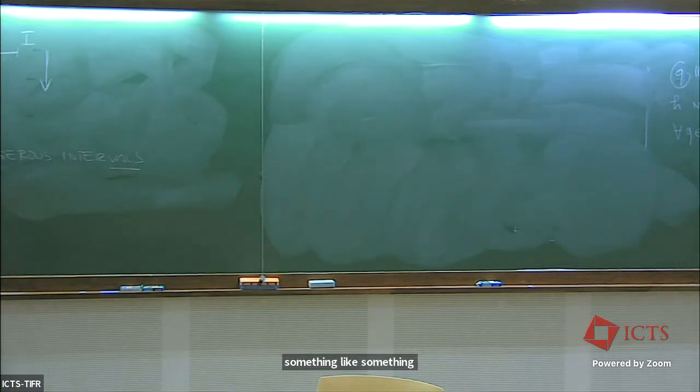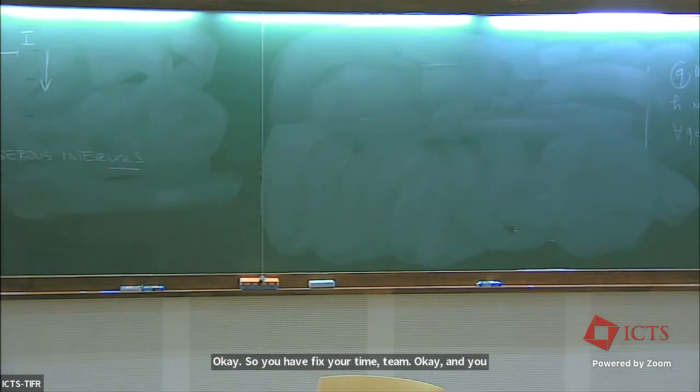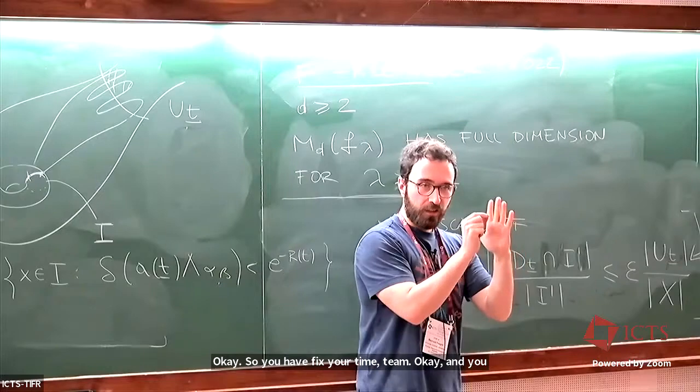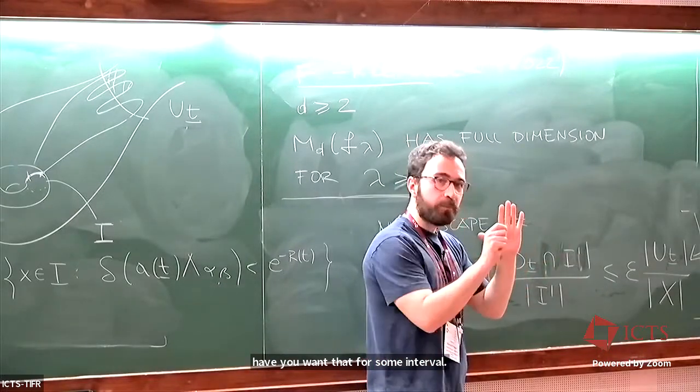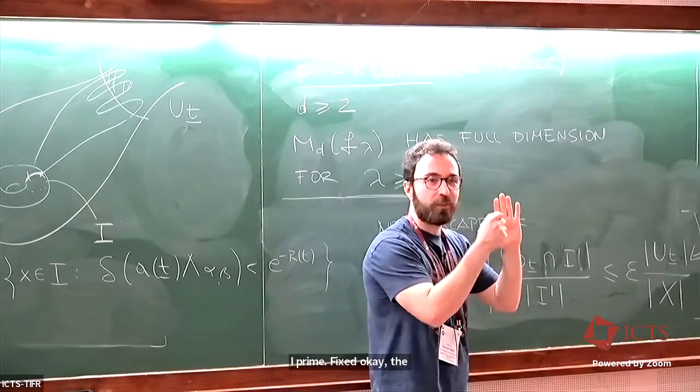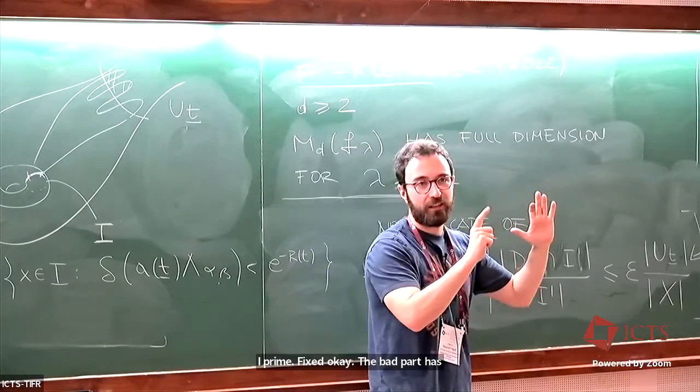Fix your time t, and you want that for some fixed interval I prime, the bad part occupies a certain proportion of that interval.